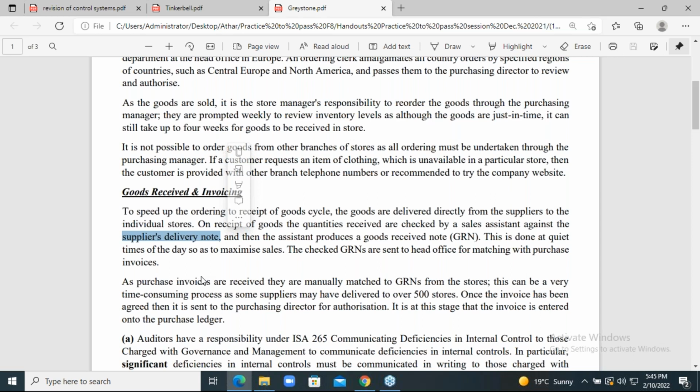So how can they be aware of what we ordered? They should have the purchase order. A copy of the purchase order should be sent to the store so that they not only reconcile it with the supplier's delivery note, but also link it with the purchase order.